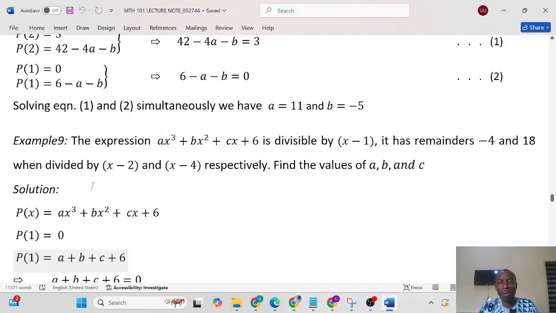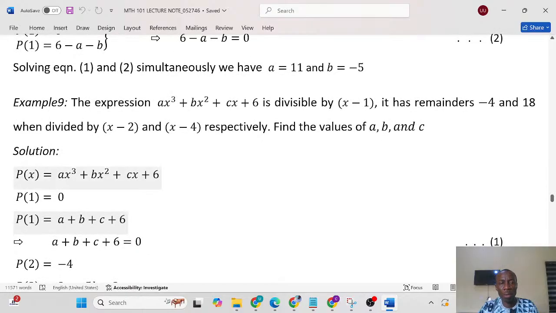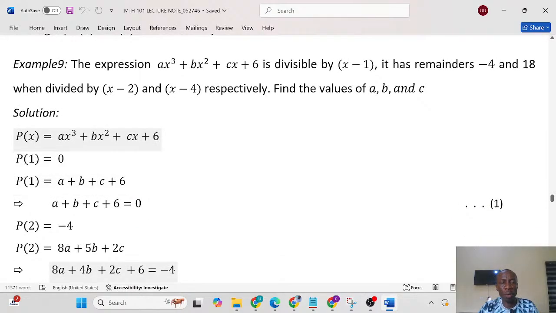Find the value of a, b, and c. So from here, this is the given polynomial. When x is equal to 1, the remainder is what? Is 0. When x is equal to 1, we now have a plus b plus c plus 6 equals 0, equation 1.